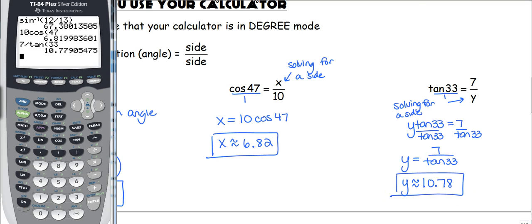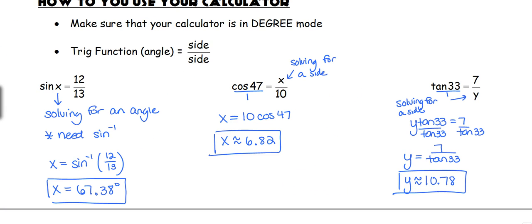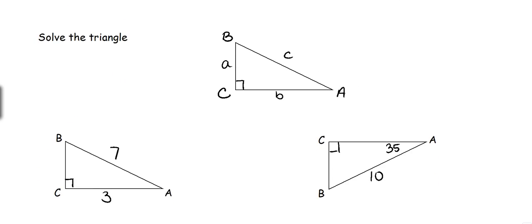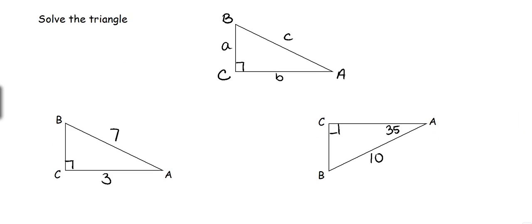Okay, so let's go ahead and look at the back side of our notes. Solving for a triangle. When you are solving for a triangle, you have 3 sides and 3 angles. So you're always going to have 6 pieces of information. Again, 3 sides.